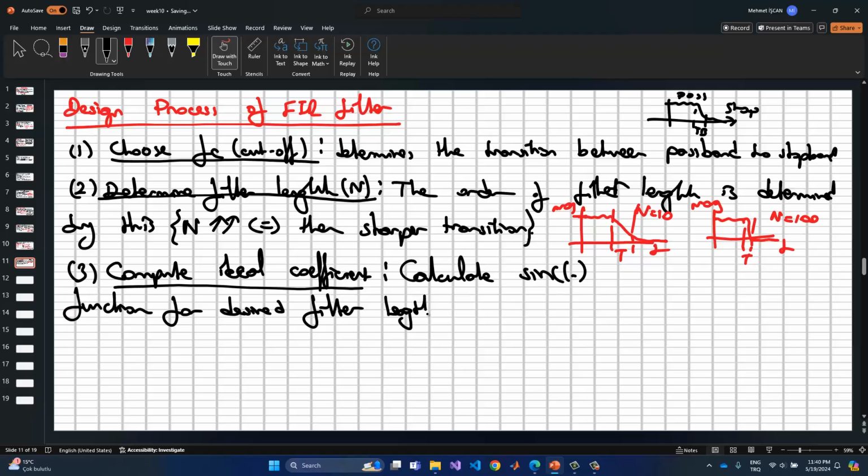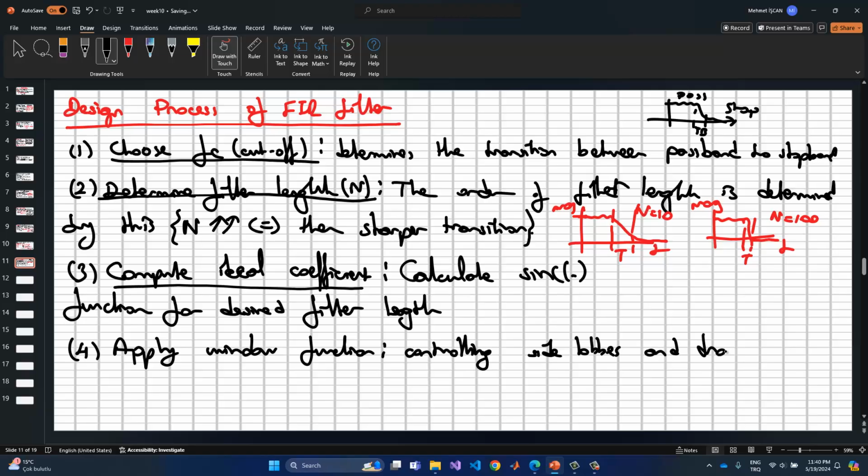Okay, and also we need to apply a window function to convolve these things, controlling the side lobes and the transition band.